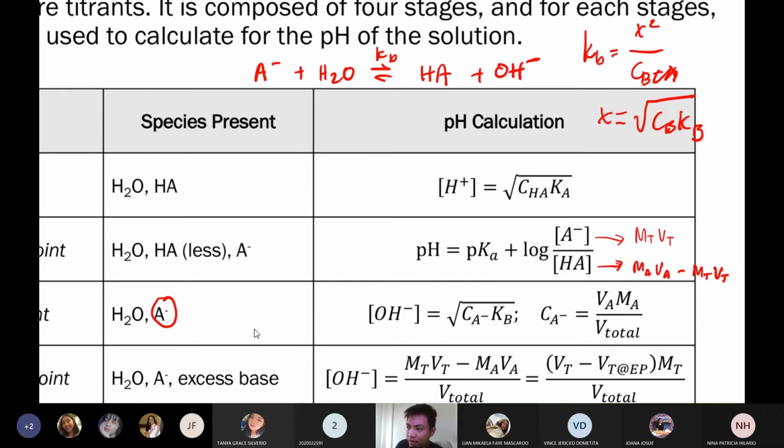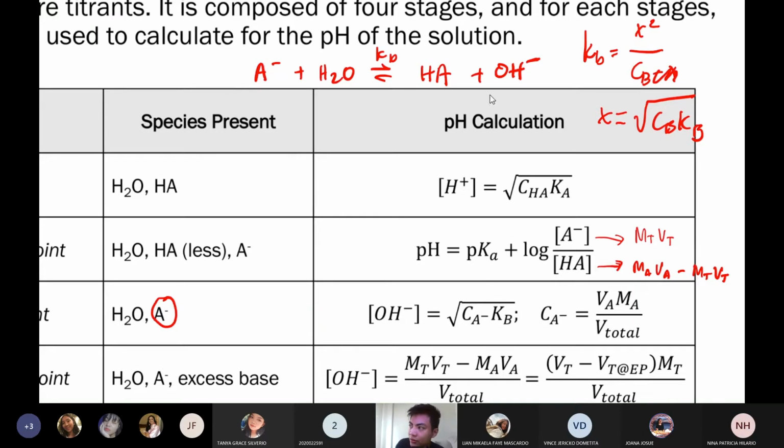Or the base is the conjugate base na. Kaya Ca minus nilagay ko doon. So, Ca minus are the concentration of the conjugate base times the Kb. So, yun yung dahilan bakit ganyan yung equation. Because of this and the equilibrium condition. Take note of the mga nangyari. Kasi mauulit-ulit yan pag weak base, strong acid titration tayo.